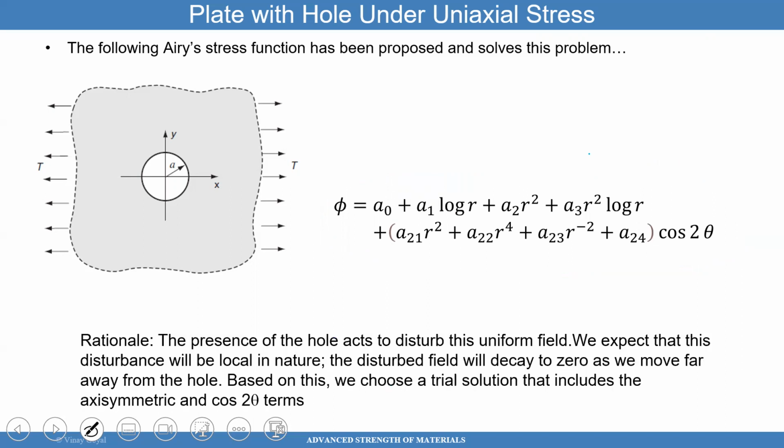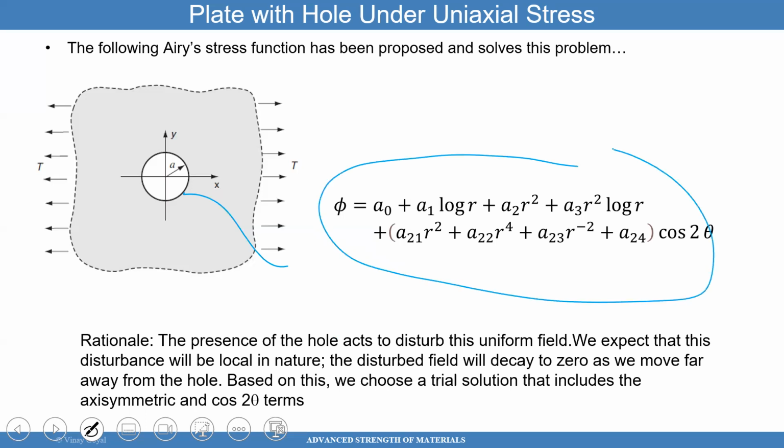And the other reason this Airy stress function works is that the presence of the hole acts to disturb the uniform field. So you expect that this disturbance, this hole here, is local in nature, but as you go far away from the hole, that particular disturbance effect is gone. And this actually does a good job of taking care of that behavior.